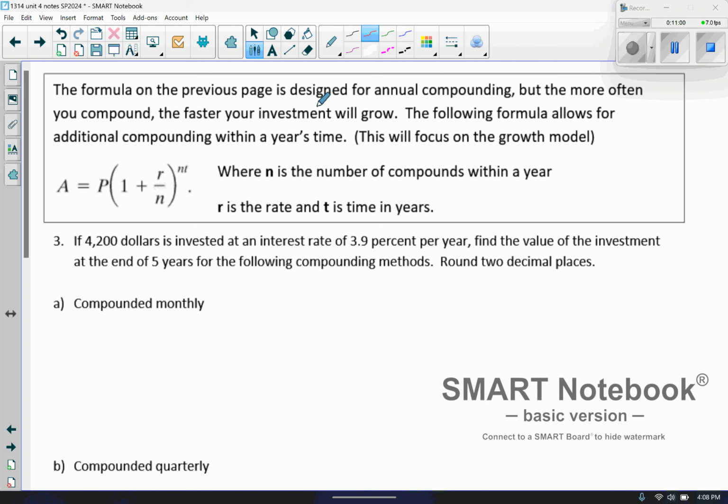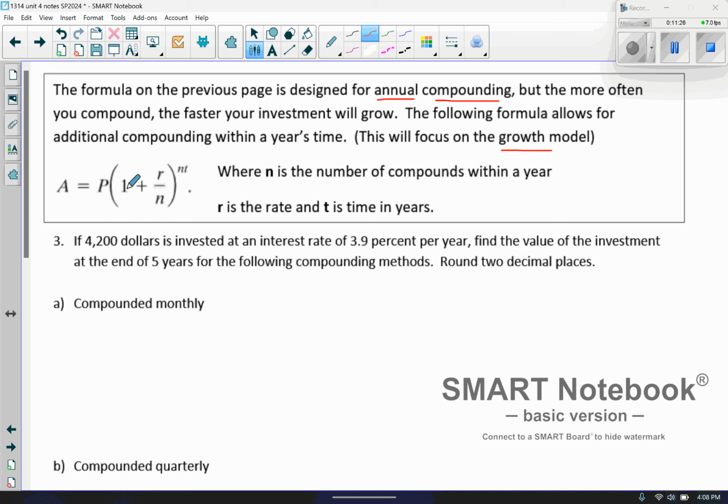Okay, so the formula on the previous page is designed for annual compounding. But the more often you compound, the faster your investment will grow. The following formula allows for additional compounding within a year's time. We'll focus on the growth model. The only difference here is that n value.